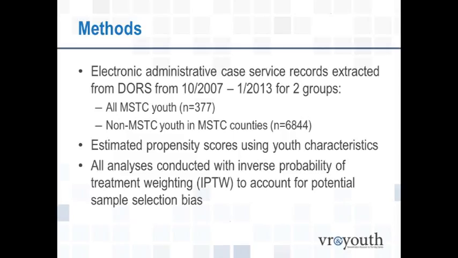We actually looked at records of over 6,000 non-Mystic students and we compared them. That way we would have relative confidence that what happened to the Mystic youth was significantly different from what happened to the non-Mystic youth, statistically speaking. In other words, we're pretty confident that the comparisons were fairly accurate.